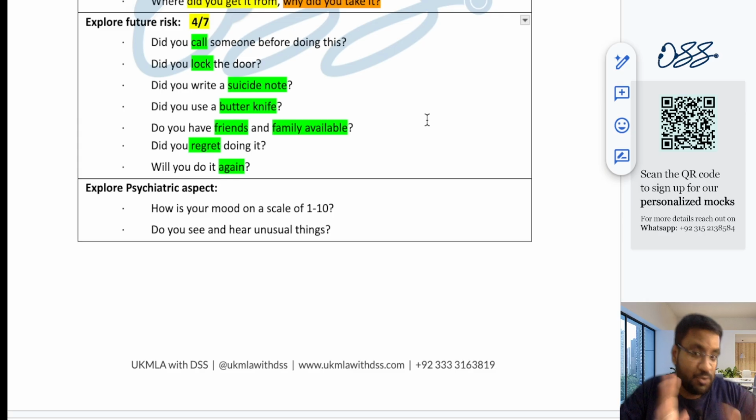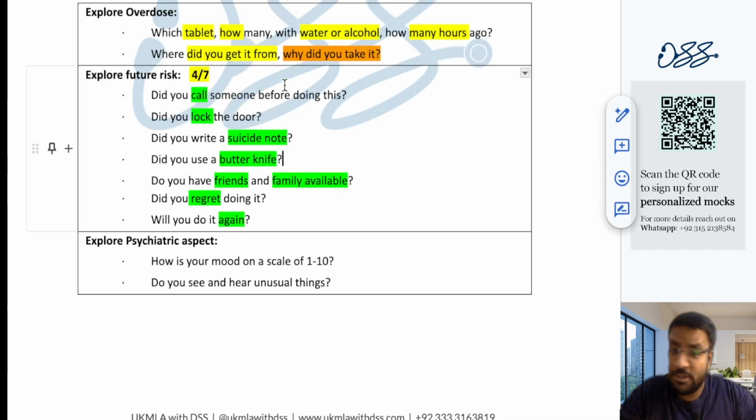So you need to understand the kind of severity and intensity that the patient showed while attempting to kill themselves. And then friends, family, and do you regret doing it, and will you do it again? These 5 to 7 different questions you need to ask in order to explore whether or not the patient is at a risk of suicide or not.